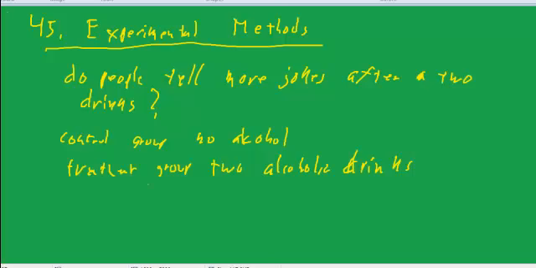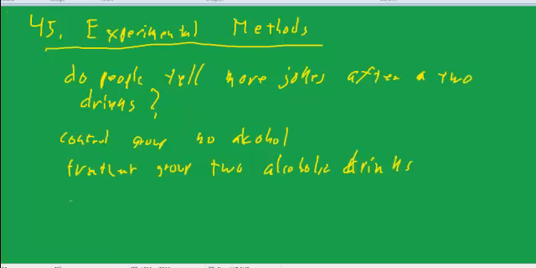Now, a problem with that is that suppose the people who have gotten the alcoholic drinks know they've gotten them, and may just think that they're expected to tell more jokes and therefore tell more jokes.